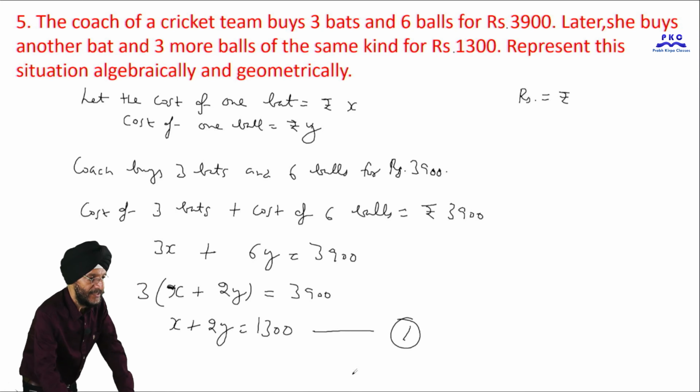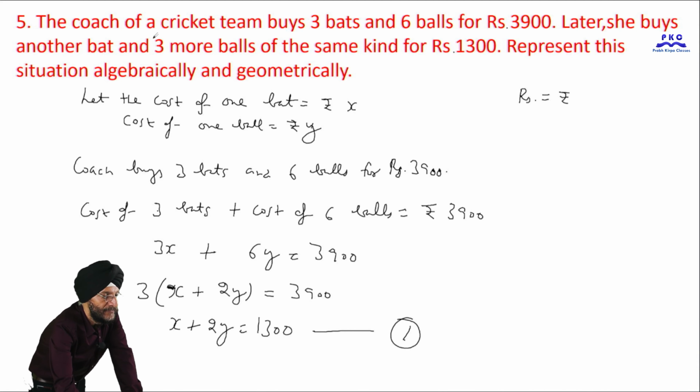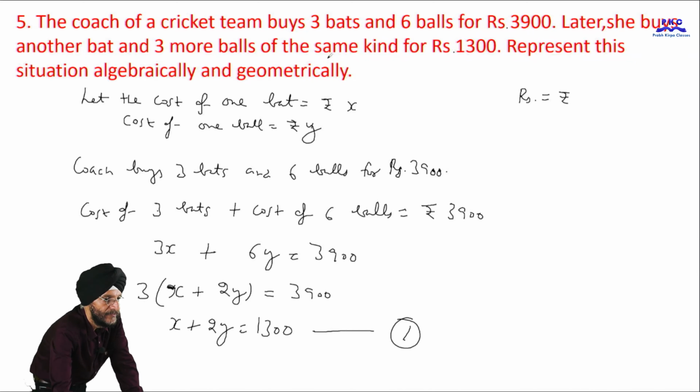Now what is the other? It is one bat and 3 balls. Now what is given? One bat and 3 balls of the same kind for rupees 1300.